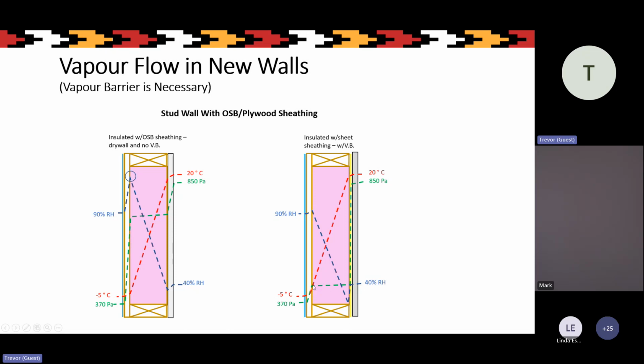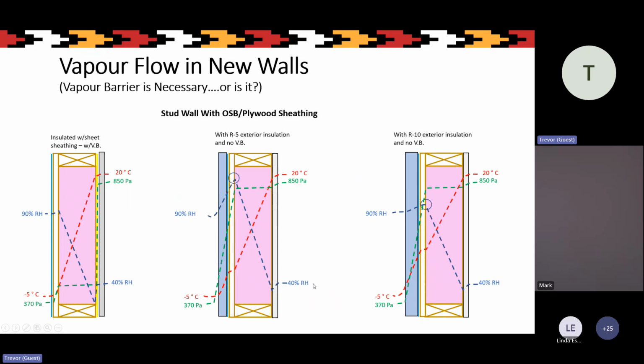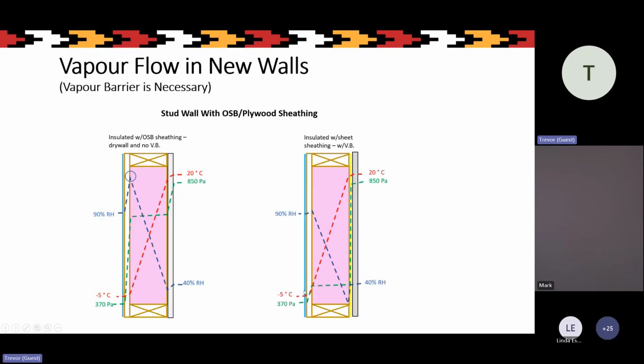And so by the time we get to the cold exterior cladding, there's not much moisture here to drive condensation problems. So your RH won't jump up above really the exterior conditions. In this case, we'd say 90. So that's why in the past, we didn't need vapor barriers, but now we do.